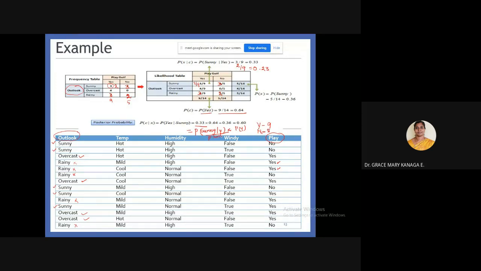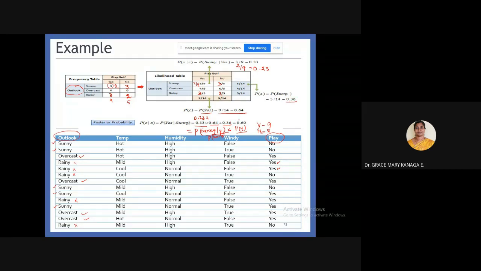So this is the formula, right? The probability of sunny given yes we have calculated here, that is 0.23, into the probability of yes, that is 0.64, divided by the probability of sunny, which is 0.36.